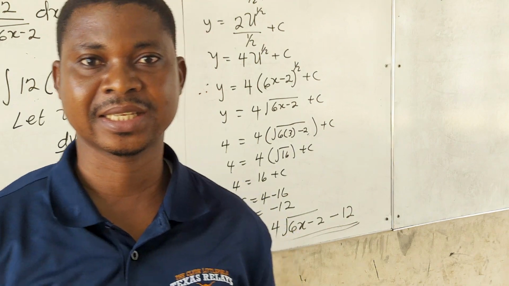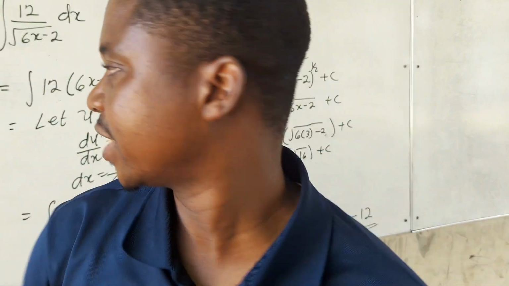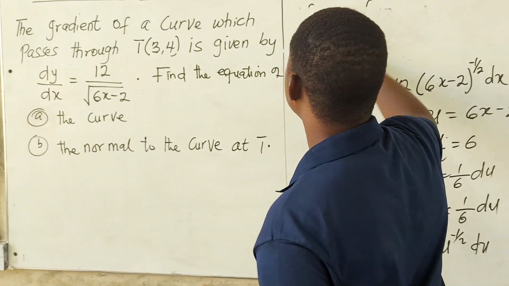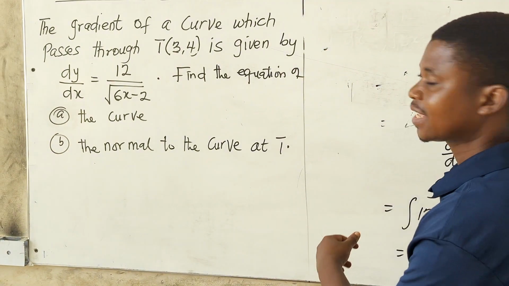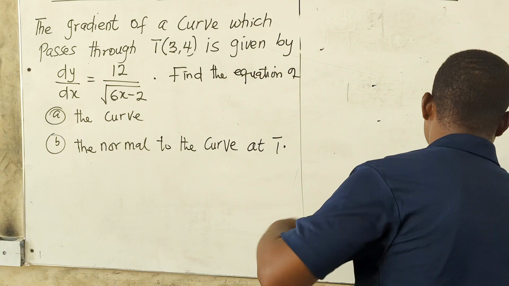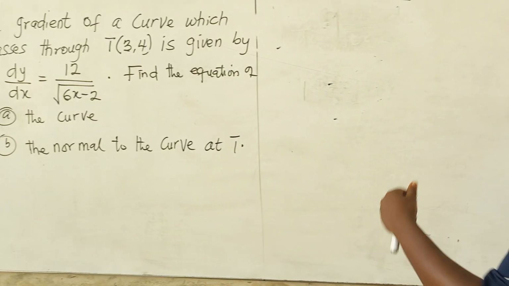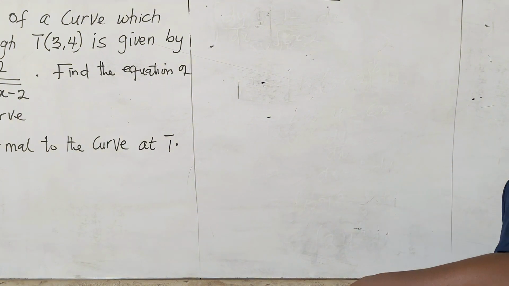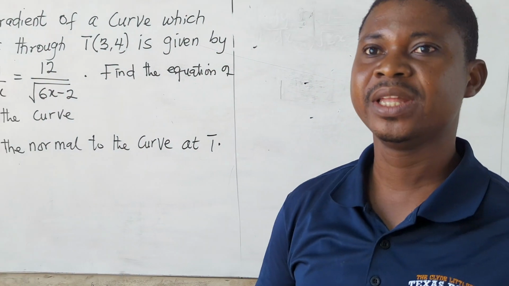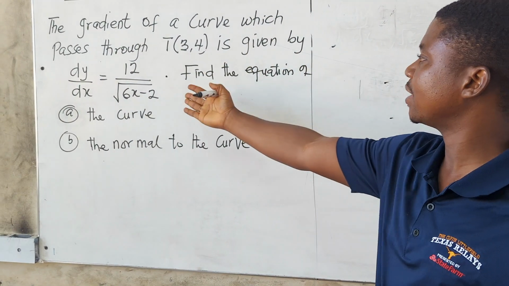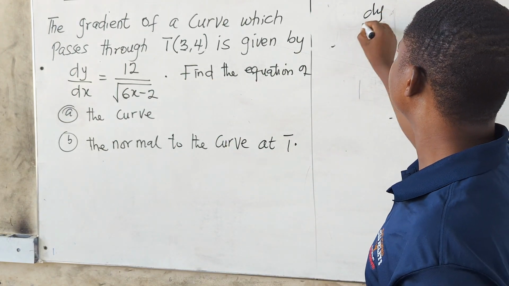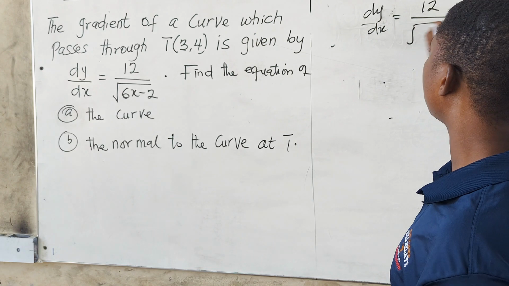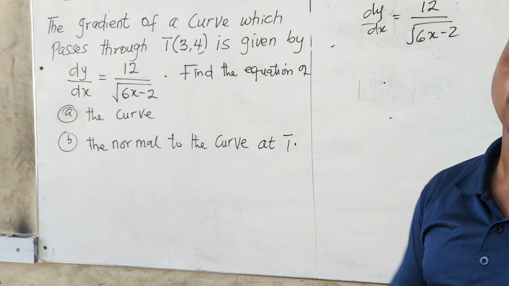Now we look at the second part of the question, which talks of the normal to the curve at T. To get the equation of the normal to the curve, we need the gradient. The gradient, which is dy/dx, has been given as 12 over root of 6x minus 2.